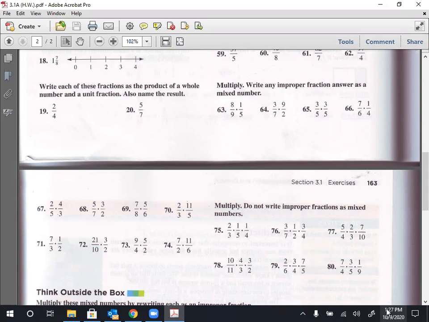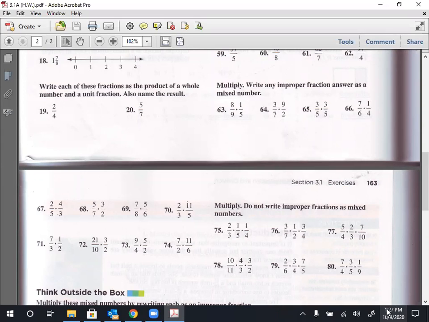So for 63, and my fingers are gonna work out too, punching in the numbers. We're going to multiply, and write improper fractions as mixed numbers.